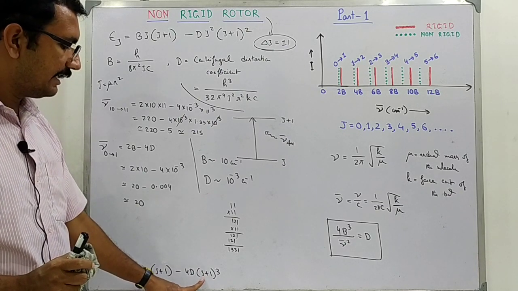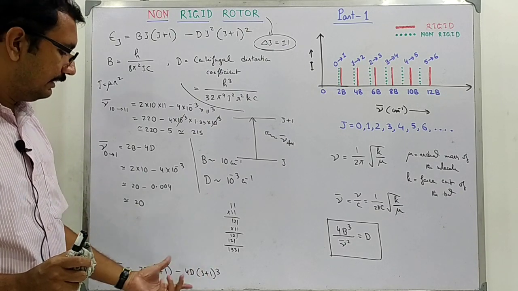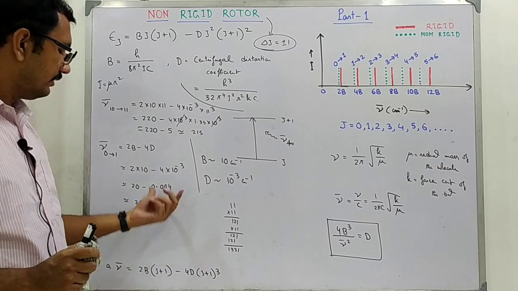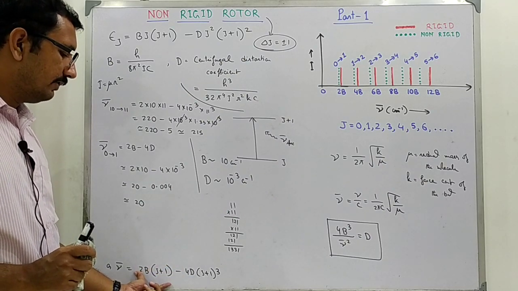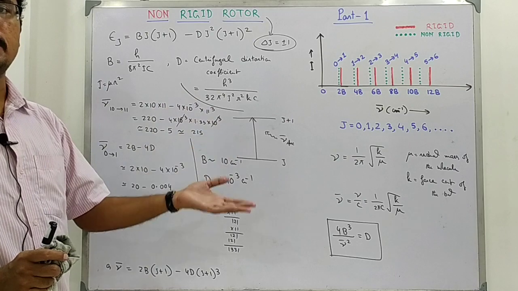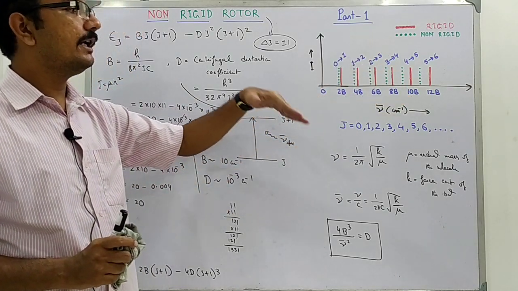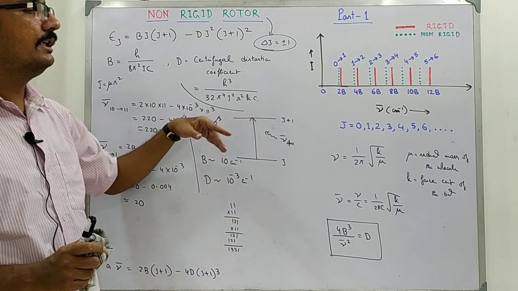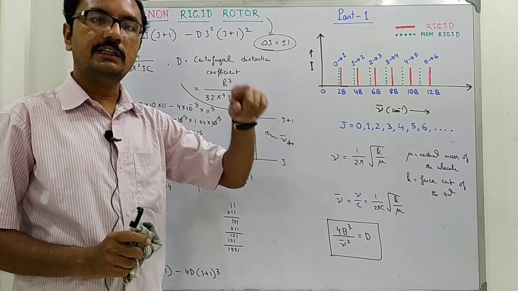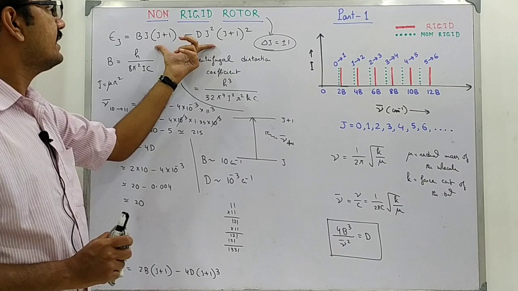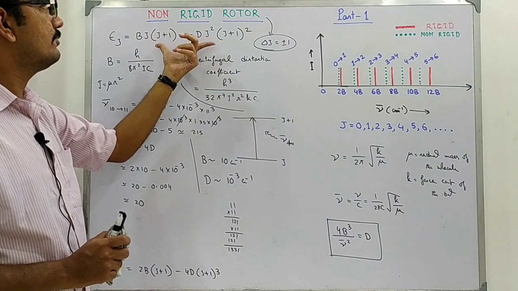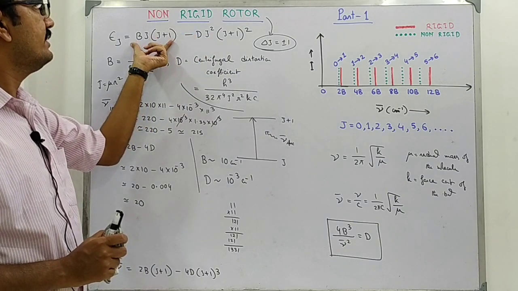So, if you put here J equal to 20, then you will see that a significant amount is getting subtracted from this value. So, the displacement will become prominent at the higher values of J, and if you try to get information regarding the molecule at such higher values, then you will have to deal with the expression for the non-rigid rotor, and not simply the rigid rotor.